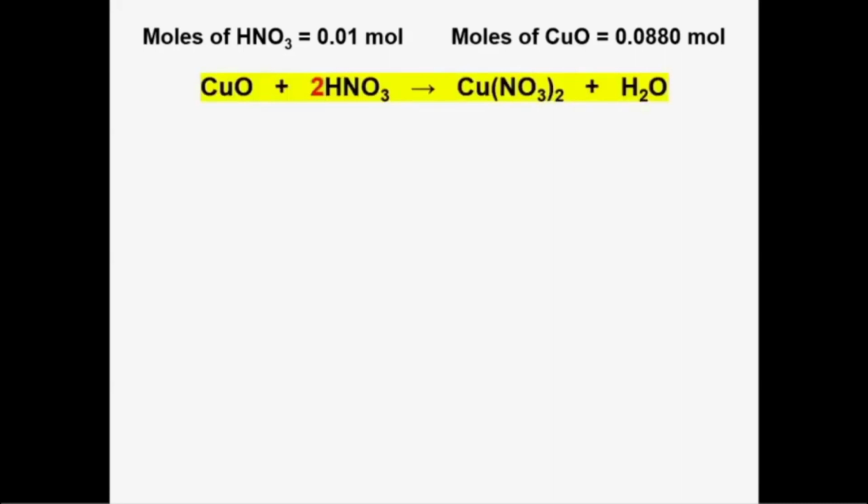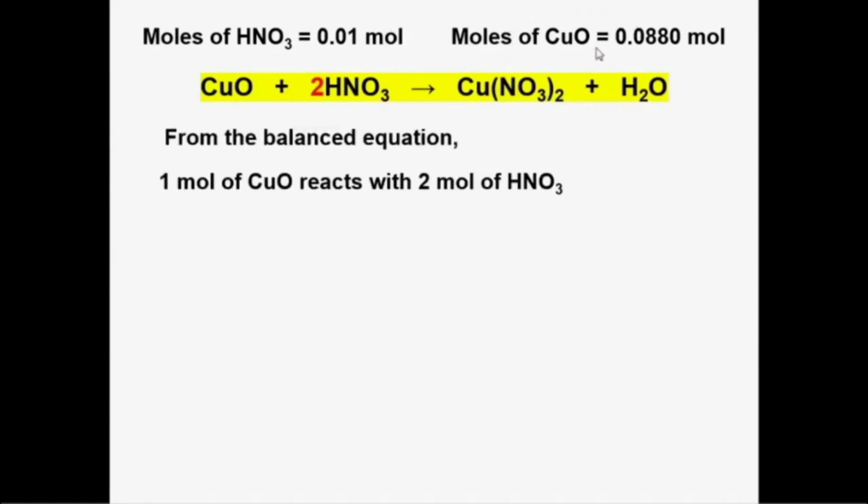Based on the balanced equation from what we did in question A, I'm going to start with copper oxide. If you don't want to start with copper oxide, you can also use nitric acid; at the end of the day, we still get the same answer. But for this question, I'm going to use copper oxide as the starting reactant.